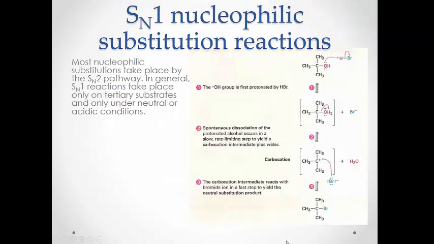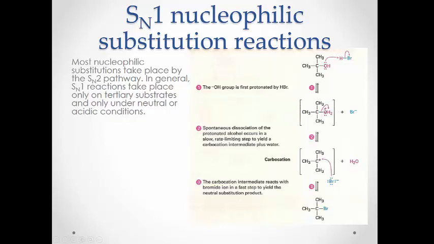So let's have a look at these substitution reactions. If you've got an alcohol, you can activate this alcohol as a leaving group by protonating it. The lone pair of electrons here will make a bond to the hydrogen, and then the electrons between the hydrogen and the bromine will go onto the bromine to give it this negative charge, and this will then become the nucleophile for the reaction.